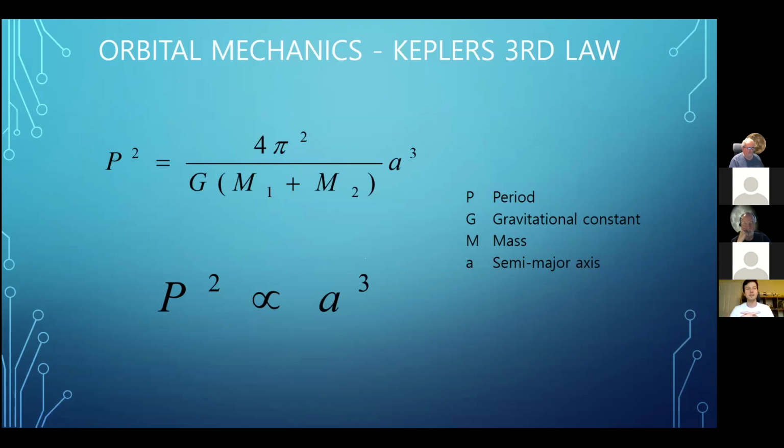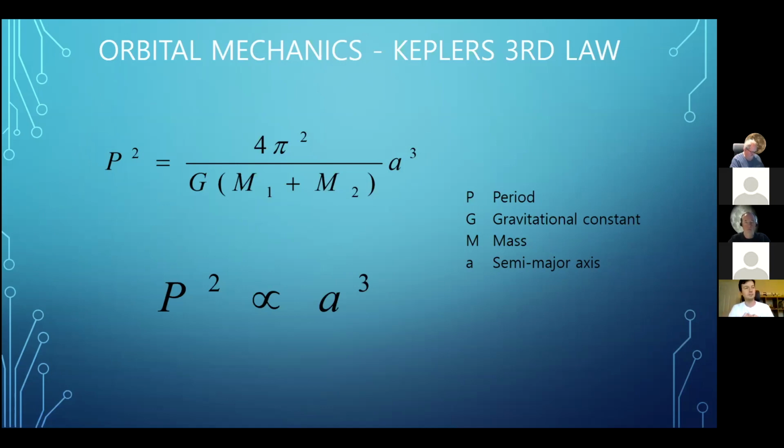M2, the mass of that satellite or body orbiting the main body, is pretty much negligible in context to the mass of the big one. It also applies to any planets or objects in the solar system when compared to the sun. The sun makes up 99% of all the mass in the solar system, so all the other things are pretty much negligible in terms of mass, and we can exclude them.